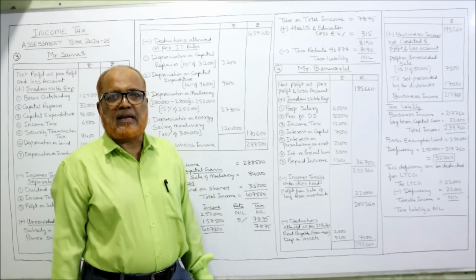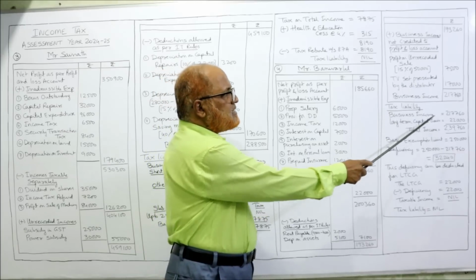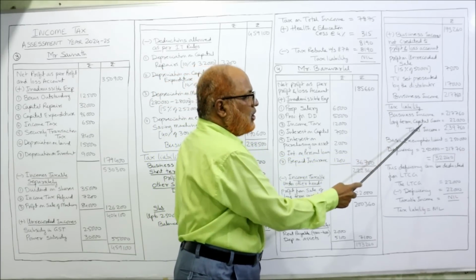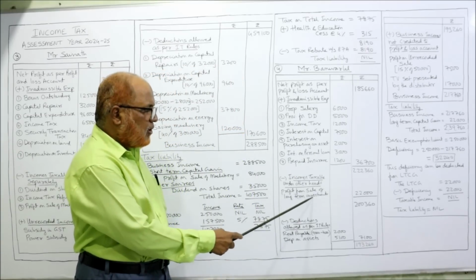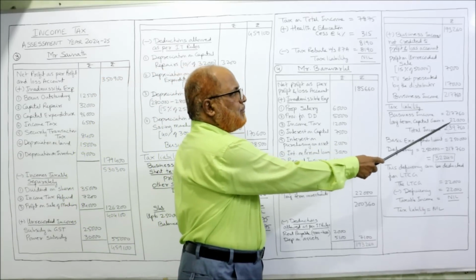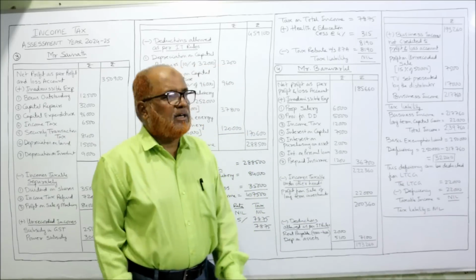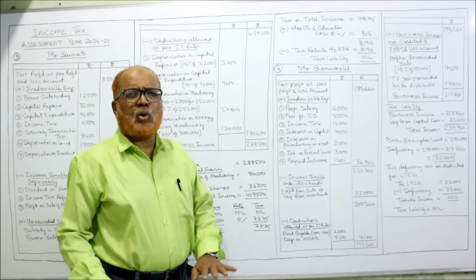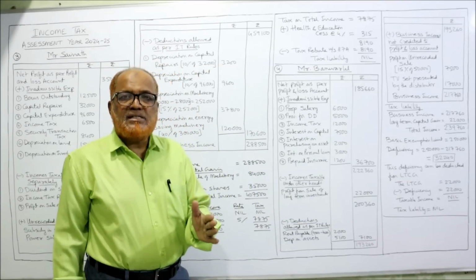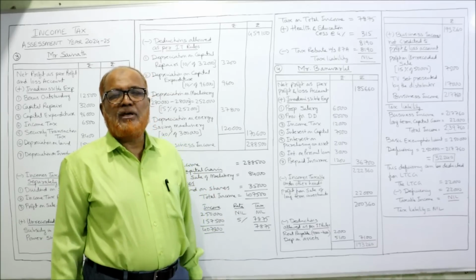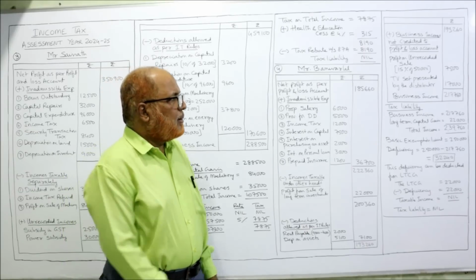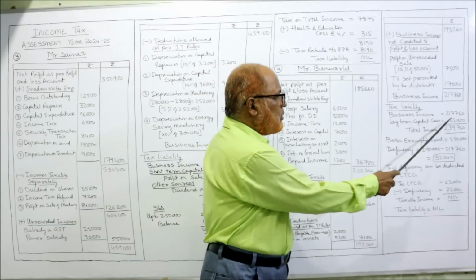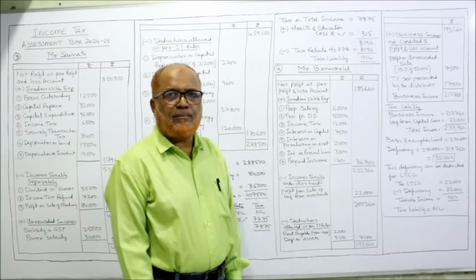Now we have to calculate the tax liability. Business income 217,760. Long-term capital gain, this is the profit on sale of long-term investment 22,000. The total income is 239,760. But basic exemption limit is 2,50,000. But business income is only 217,760.